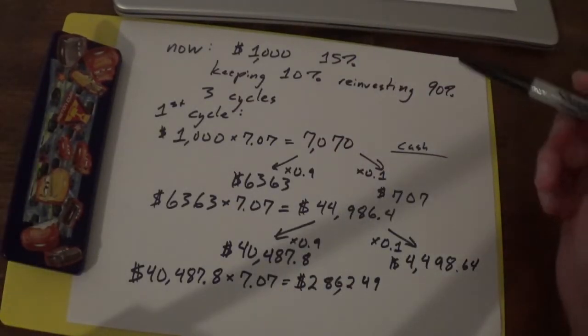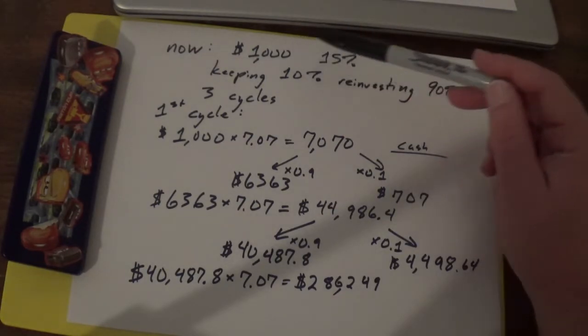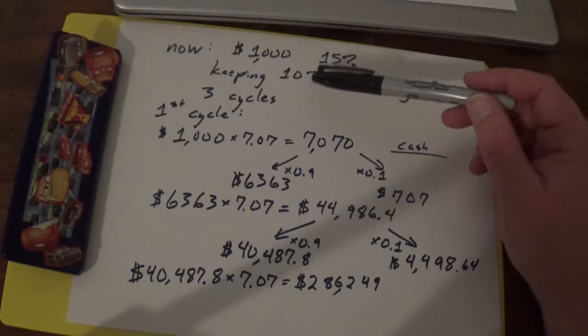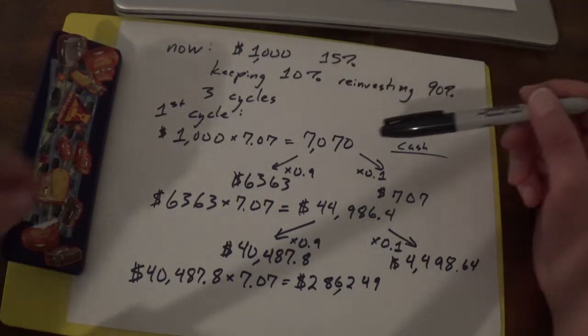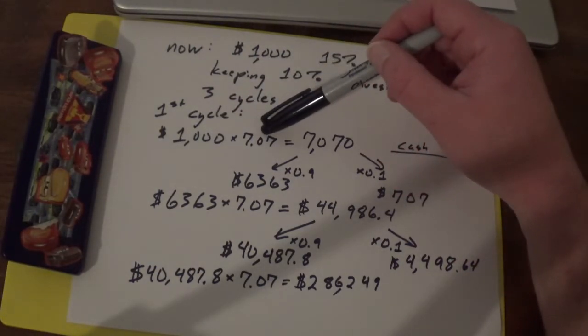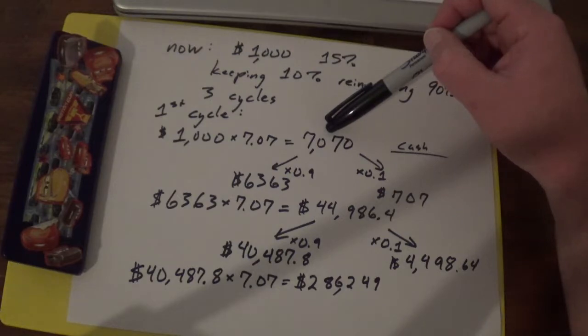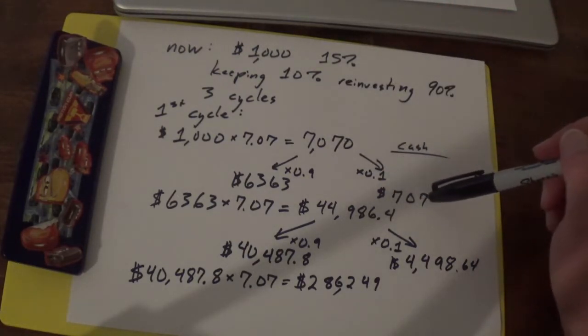And then I also did this, so if we're investing 1,000 at 15%, and we keep 10% and reinvest 90%. So in the first cycle, I've got 1,000 times the 7.07, so 7,070. Now times 0.1 tells me the 10% cash that I'm keeping.